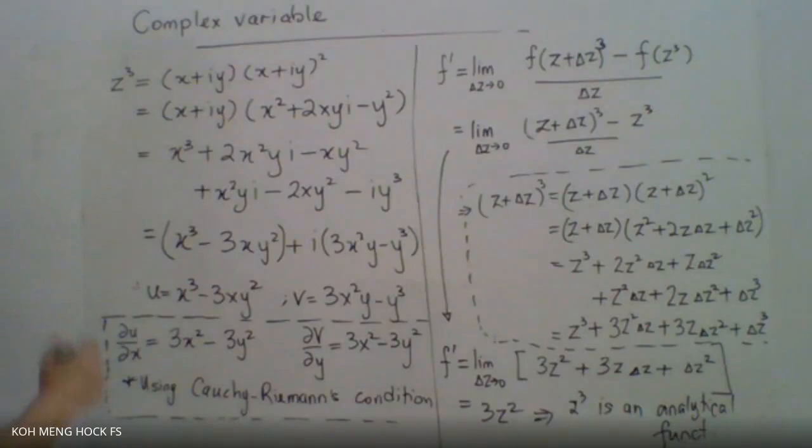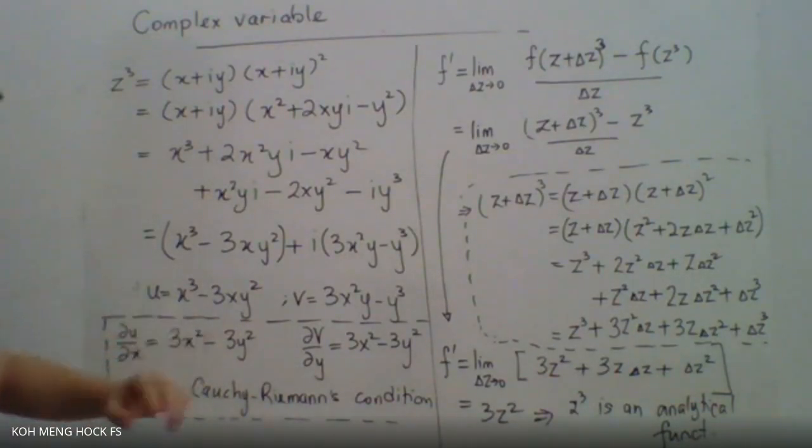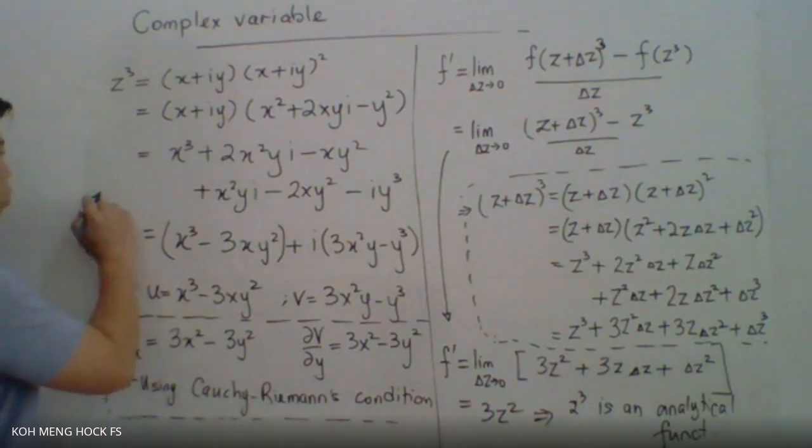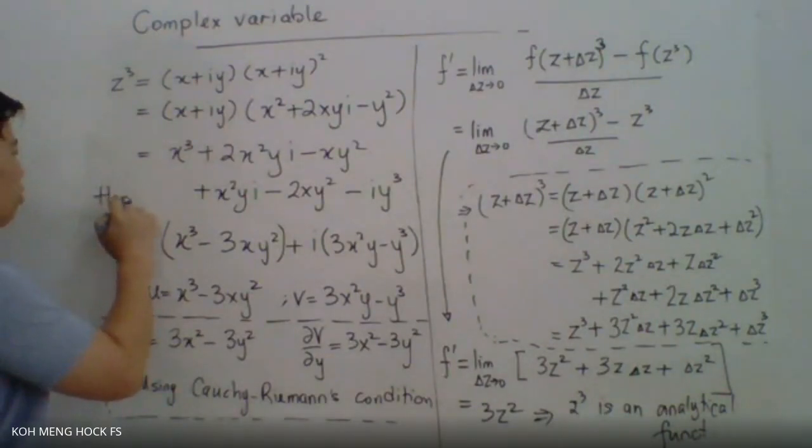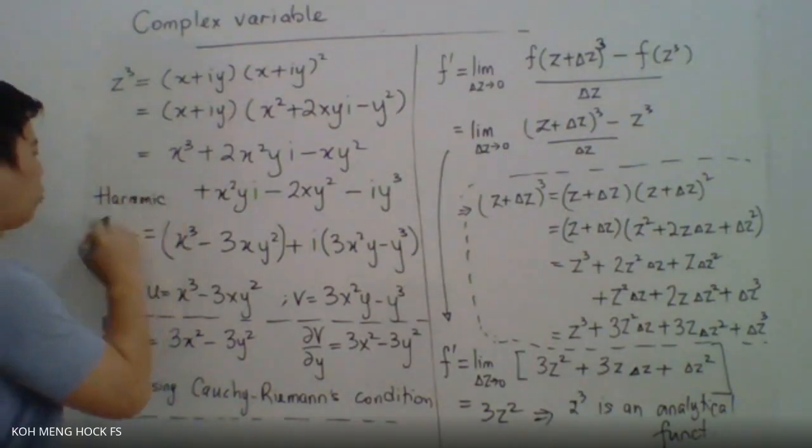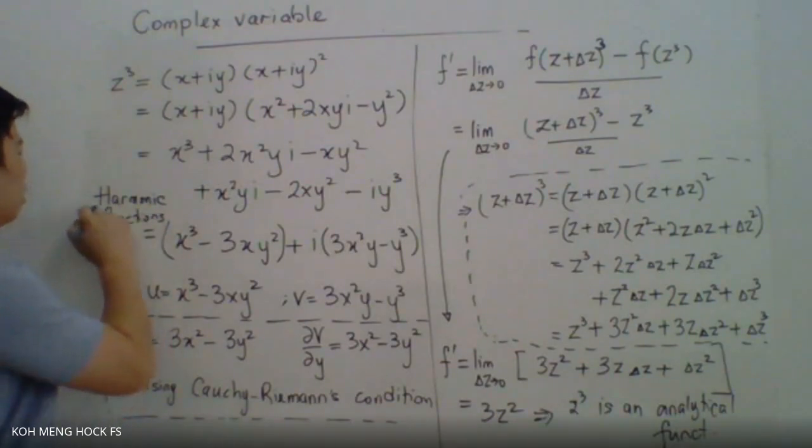Now this u and v, you will see that they obey the Laplace equation. When you prove that u and v obey the Laplace equation, you call them harmonic functions.